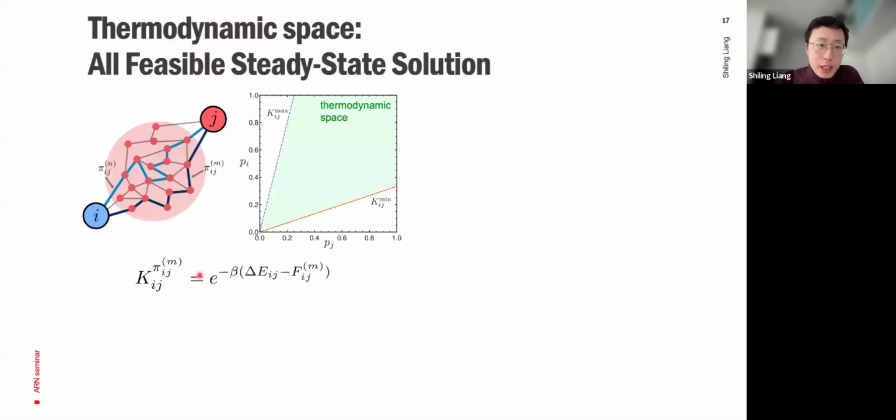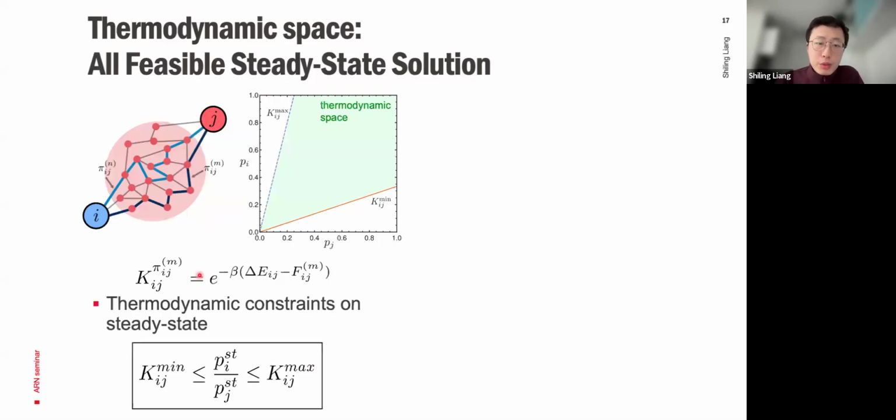We can do the maximization and minimization over all the pathways and then we will find the same result: the stationary state probability ratio of these two states, or we can also interpret it as the ratio of stationary state concentrations, will be upper and lower bounded by the maximal and minimal equilibrium constant, maximized and minimized over all possible pathways between these two states.